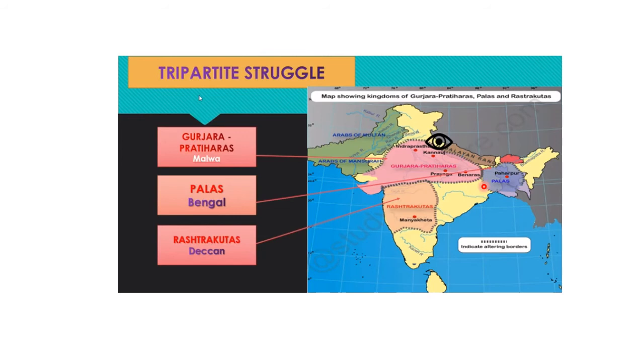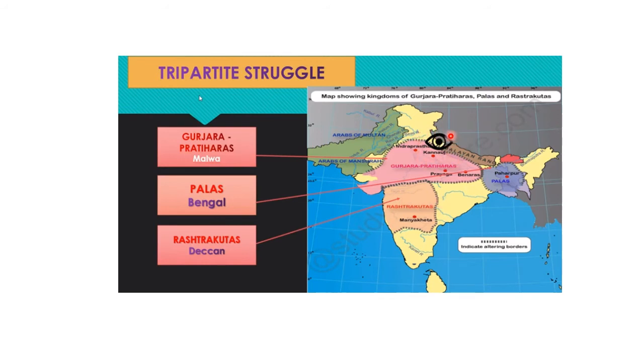So the Gujar Pratiharas, the Rashtrakutas and the Palas fought amongst each other to take control of Kannauj. And because three were involved in this battle, it was called the tripartite struggle.